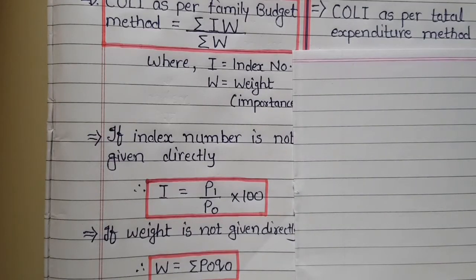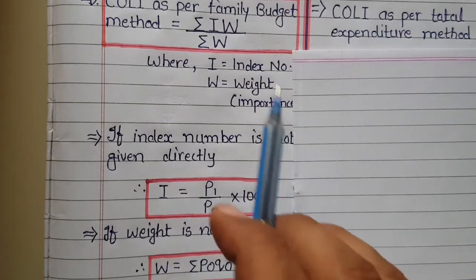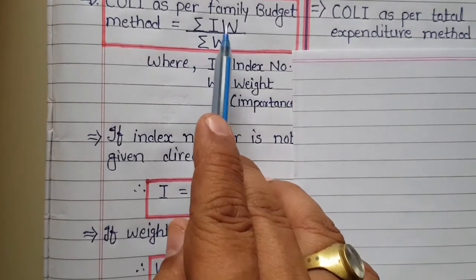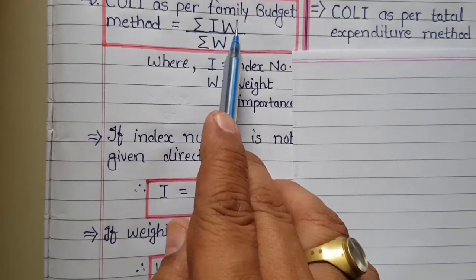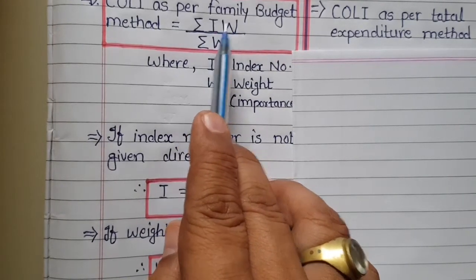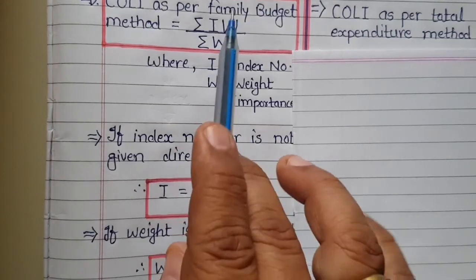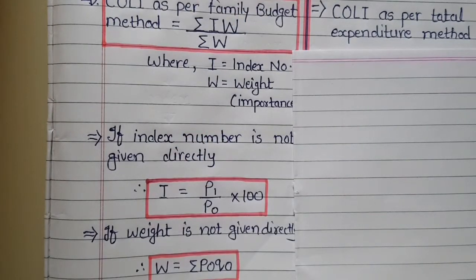Friends, as we have seen in the formula, we need sigma IW, means multiplication of I and W. So we need I separately and W separately. Suppose if they are not giving us I separately, then what? Then we have to find the I. How? Here I have given one note.